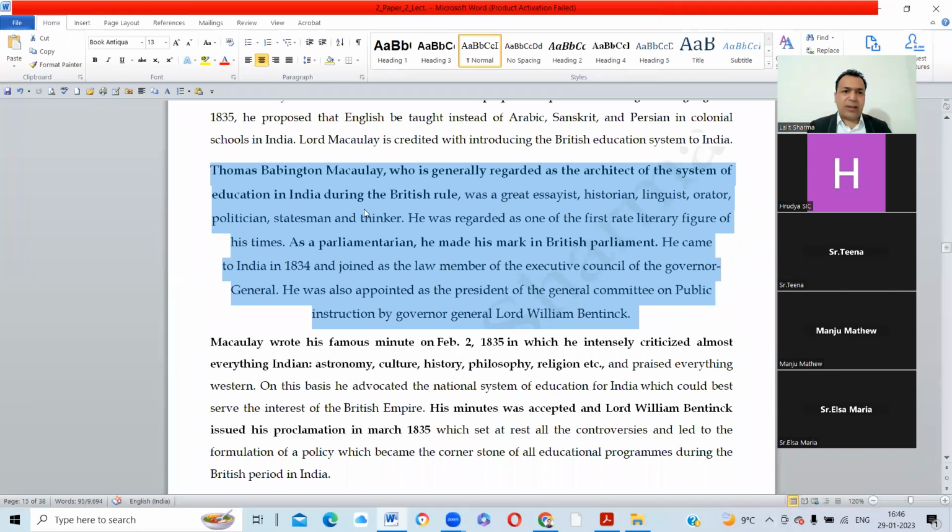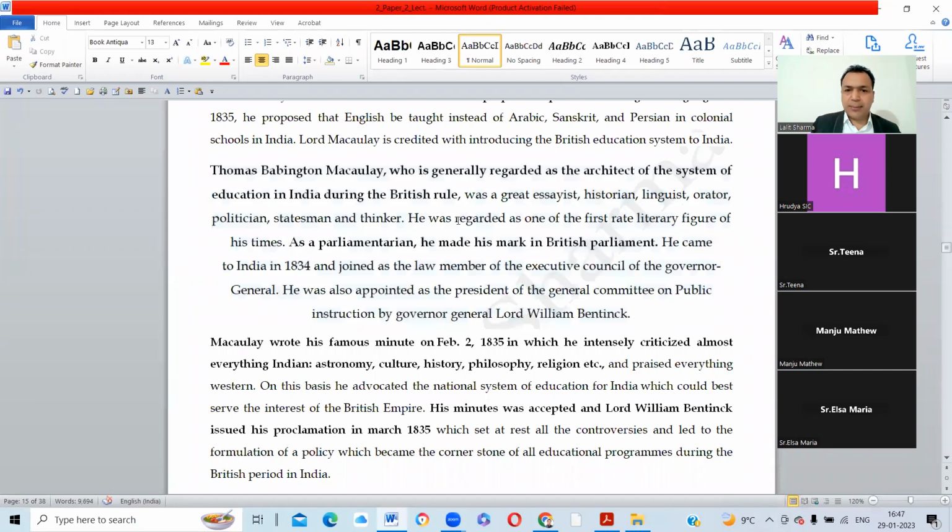Further we read that he was the architect of the system of education in India during the British rule. He was a great essayist, historian, linguist, orator, politician, statesman, and thinker.